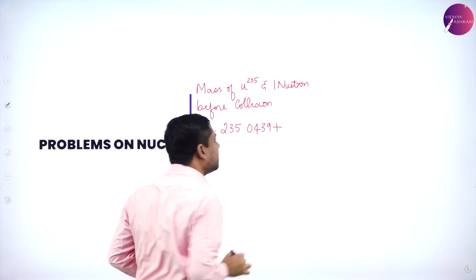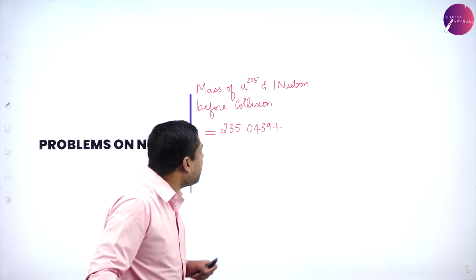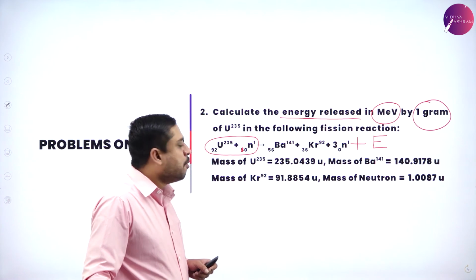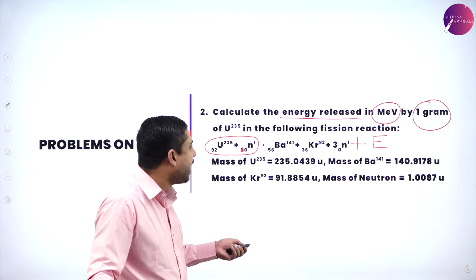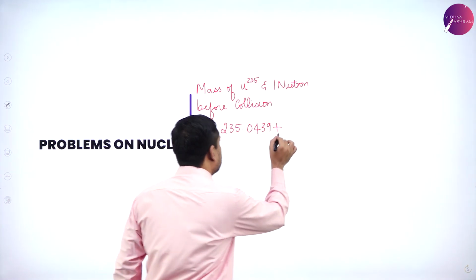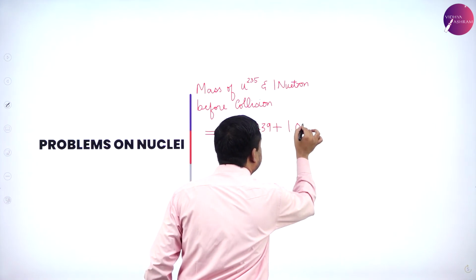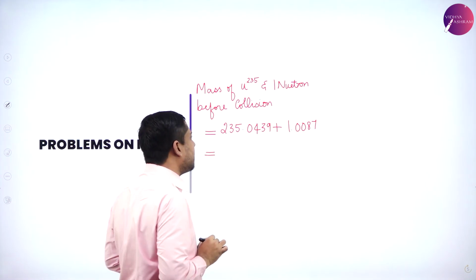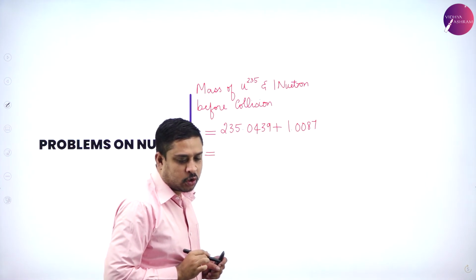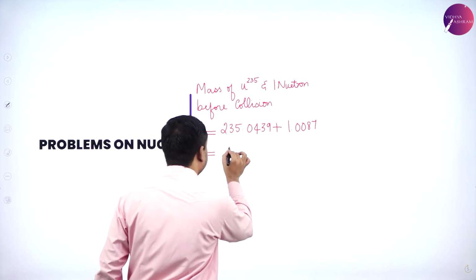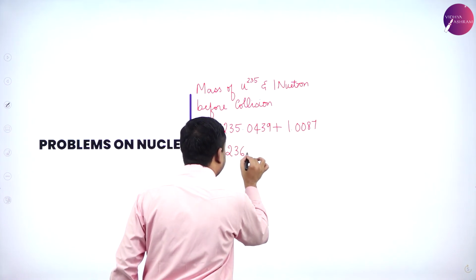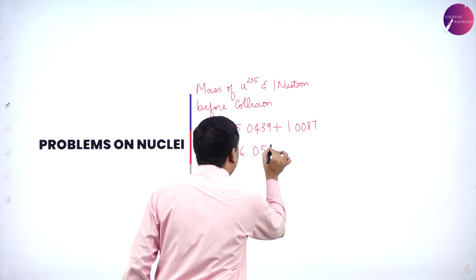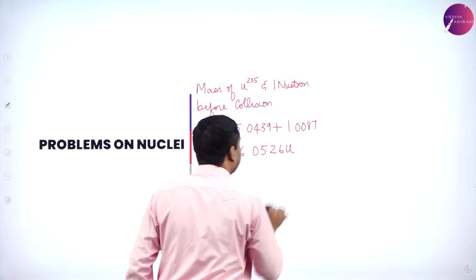235.0439 plus mass of 1 neutron. So mass of 1 neutron is 1.0087. So this is 1.0087, which is equal to 236.0526 units.